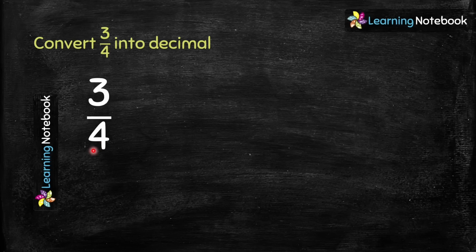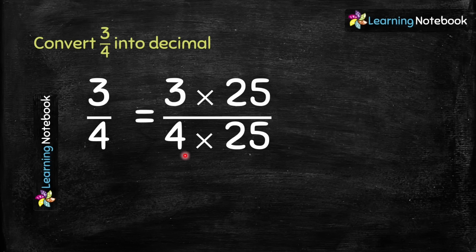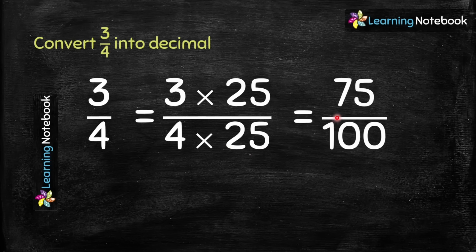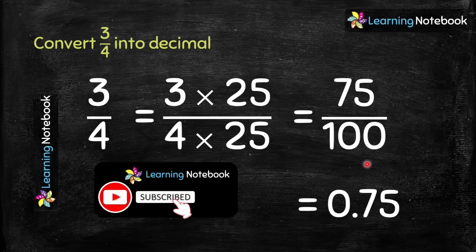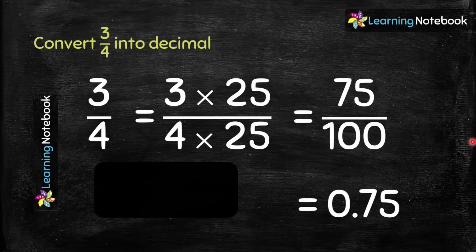So if we multiply both numerator and denominator by 25, we get 75 upon 100. And now we can easily convert this fraction into decimal number. And we get 0.75. So this is how we can convert a fraction into decimal number when denominator is not 10, 100 or 1000.